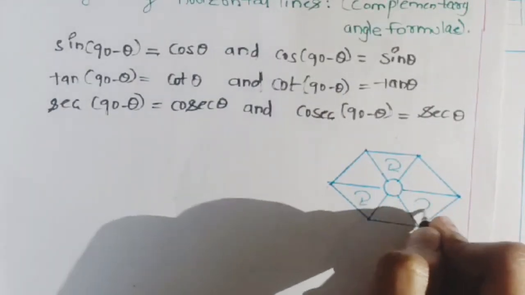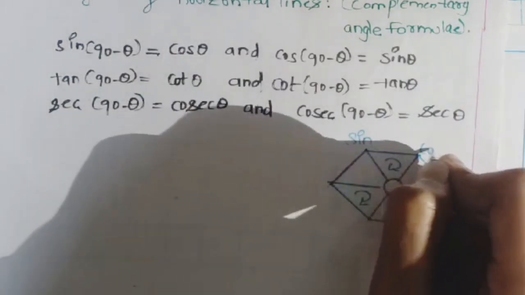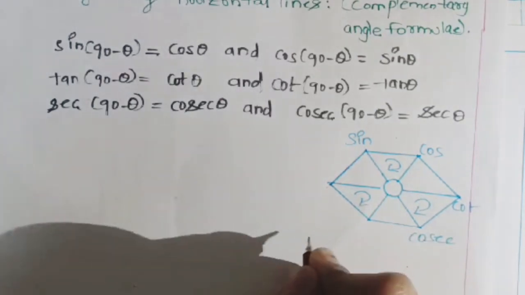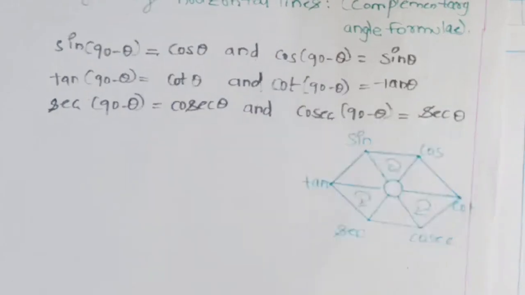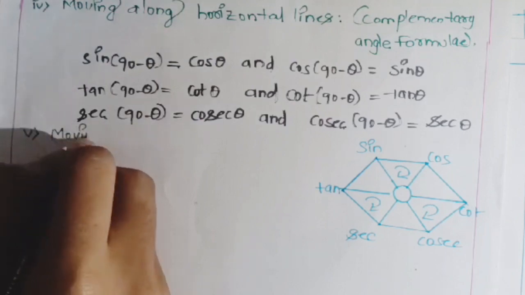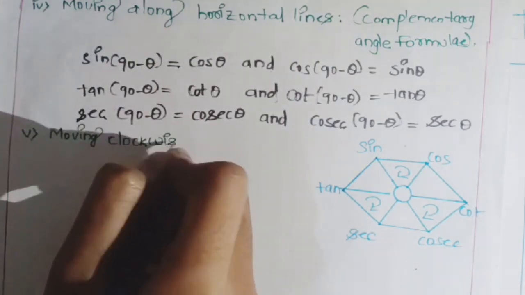The next one is moving clockwise along the triangles. In this hexagon there will be 6 so-called triangles, right? So I'm giving you a diagrammatic way. You can easily remember this. I have taken the hexagon, and we have taken all the trigonometry functions at each vertex, and from this we can easily derive sin square theta plus cos square theta is equal to 1.